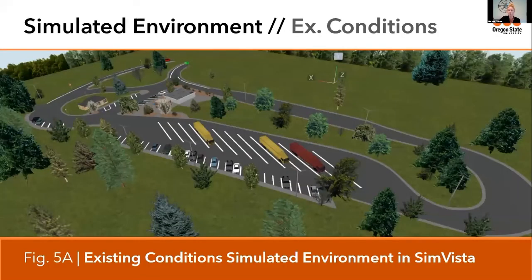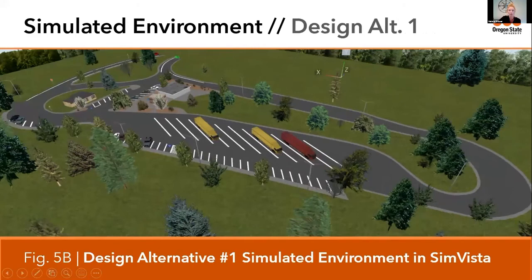So here I'm going to show some screenshots of each of the simulated environments. So this is of the existing conditions. As you can see, there are 12 parking spots. You have the adjacent passenger car parking at roughly 30% occupied. And then here is alternative number 1.